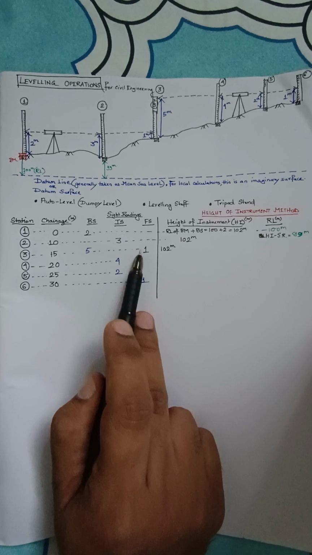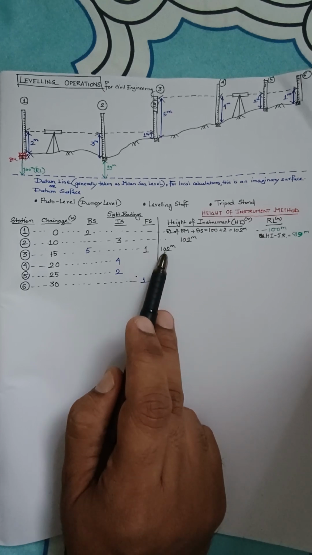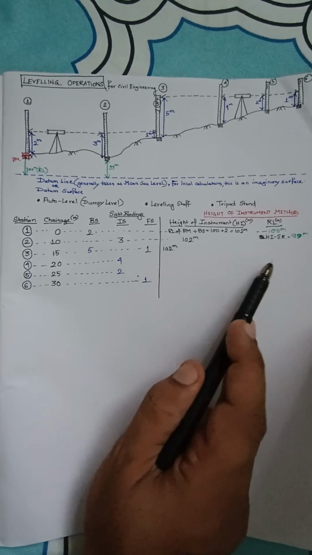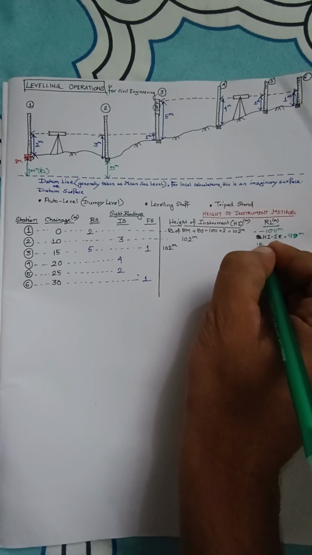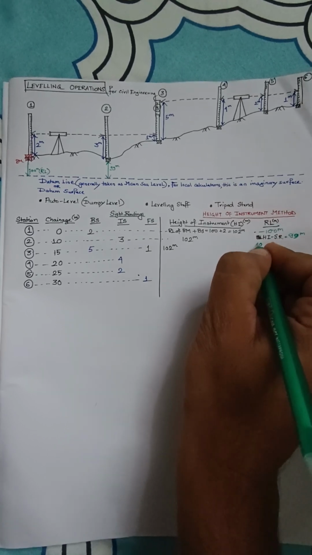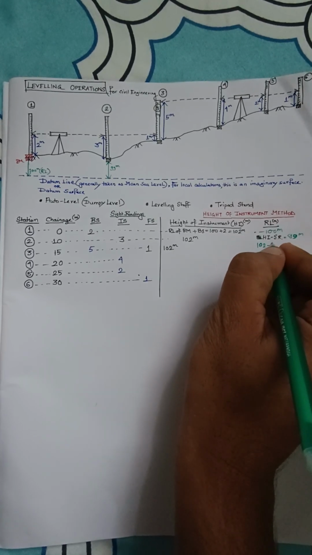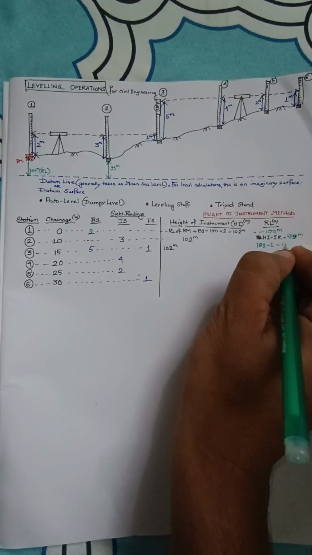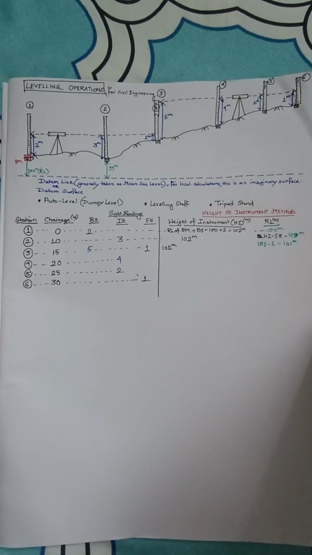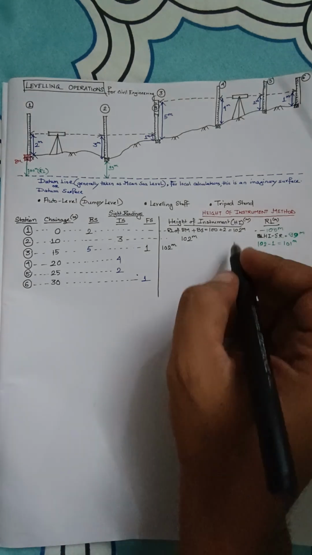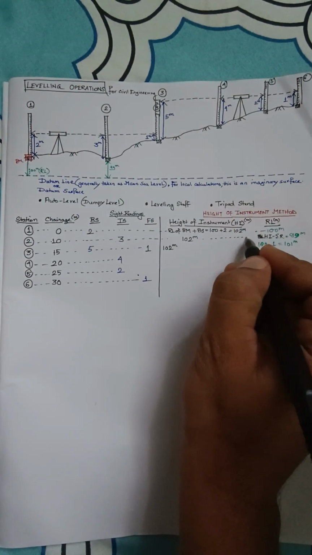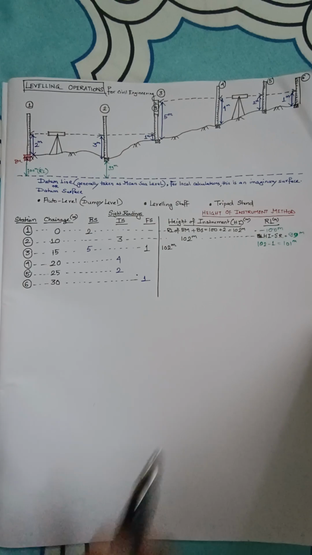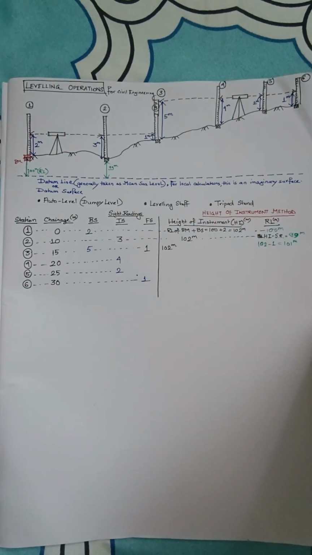So this is the first thing which you have to consider. 102 minus sight reading will be how much? 101 meter. 102 minus 1 is nothing but 101 meter. I hope I am clear to all of you. So we are done with the third one.